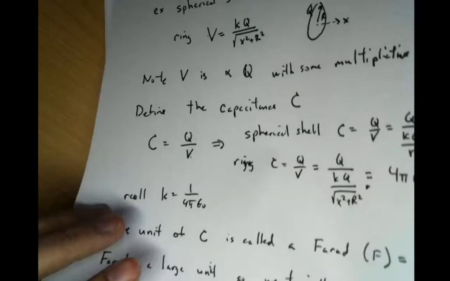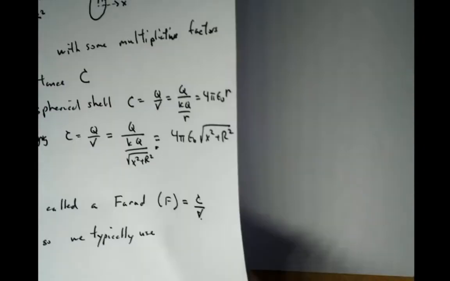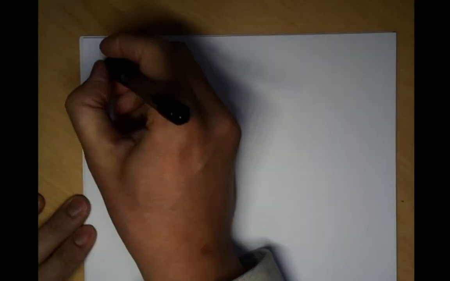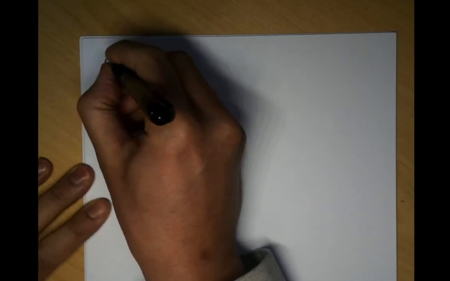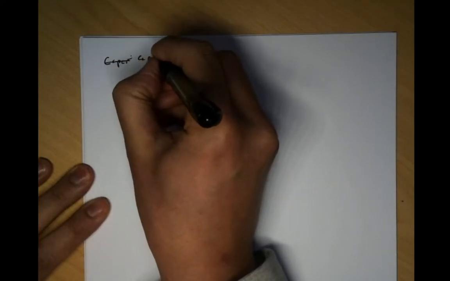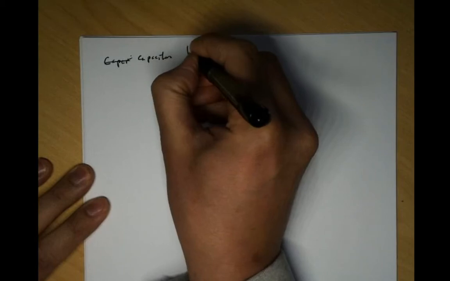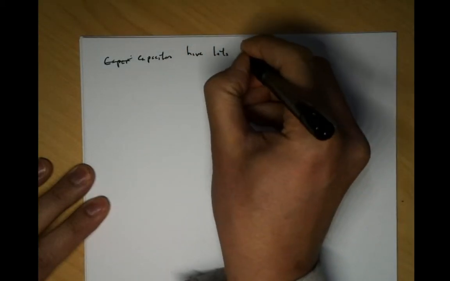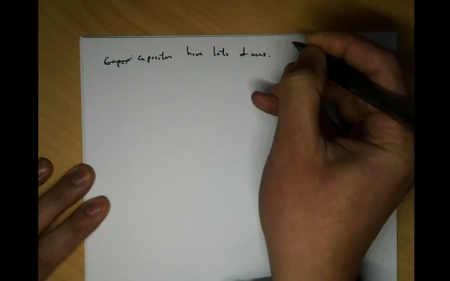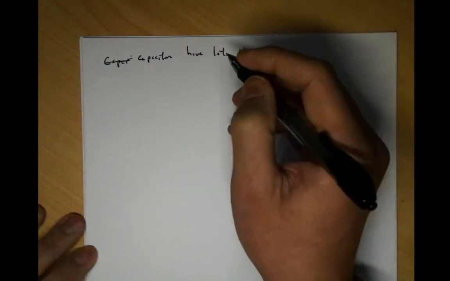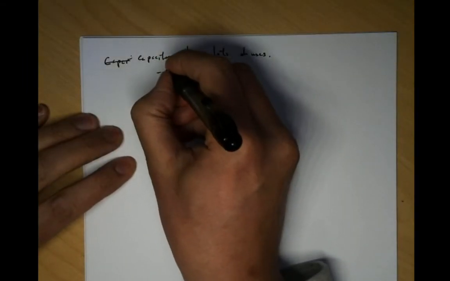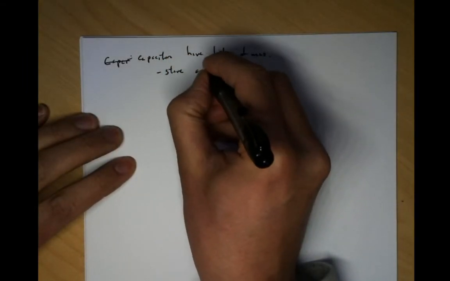All right, so capacitors, I wish I could show you what some of these capacitors are used for. Capacitors have lots of uses. Basically, anything where you need to store or release charge very quickly, or in electronic circuits, to store and release energy.